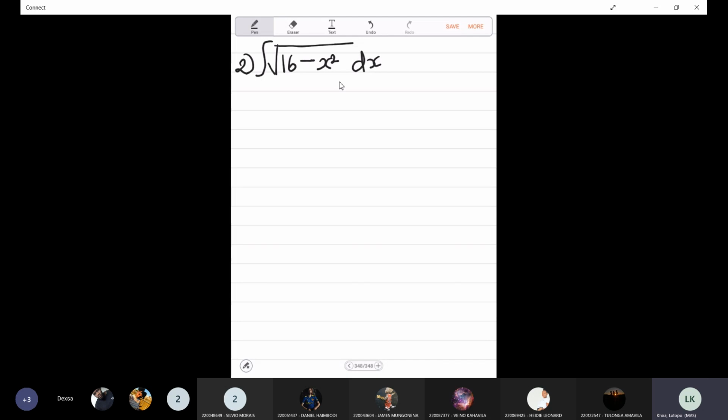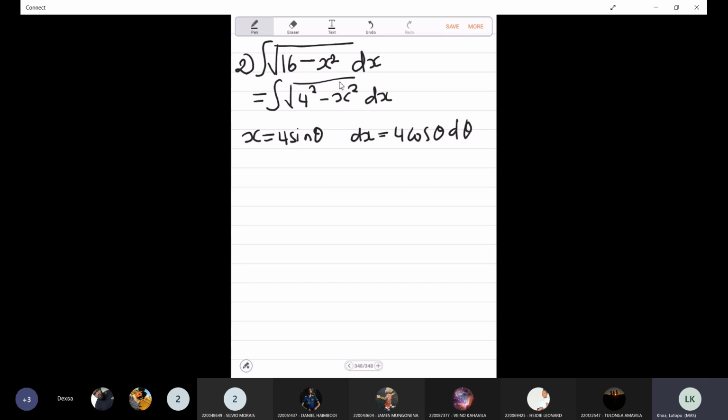So here our a is equal to 4, because I can rewrite this as the integral of 4 squared minus x squared dx. So my x will be 4 sine theta, and then dx is 4 cos theta d theta.